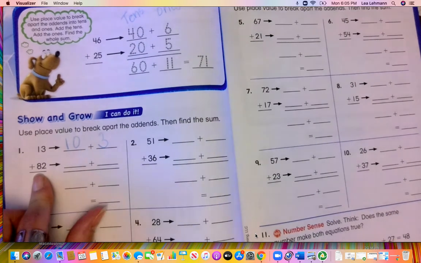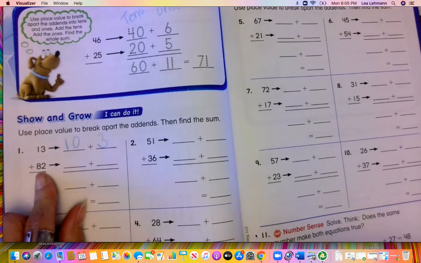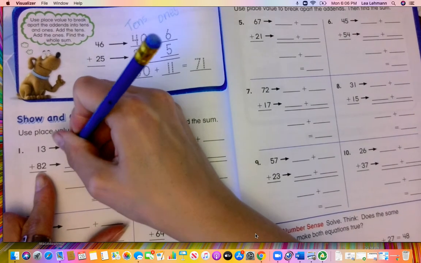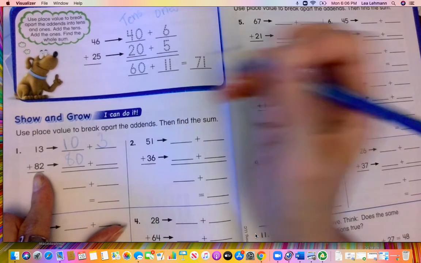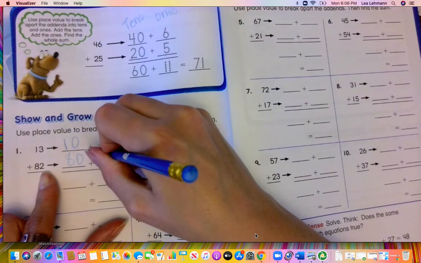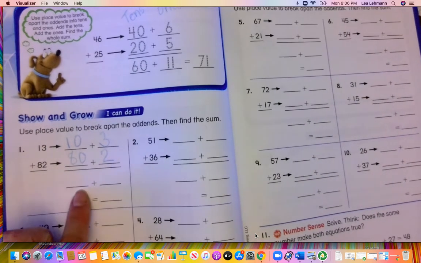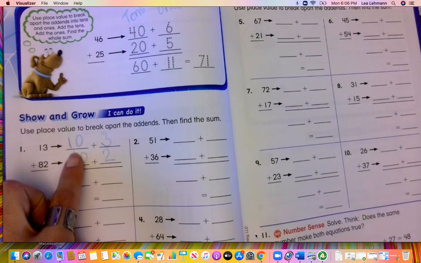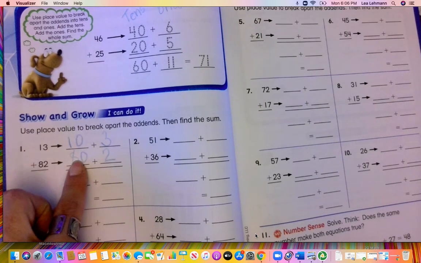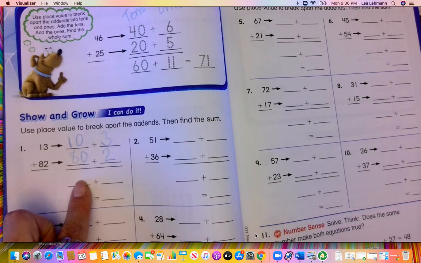All right, 82. The 8 stands for 80. And the 2 stands for 2. Now down here is what both of these numbers together are. When you add a 10 and 80 together, you get 90.